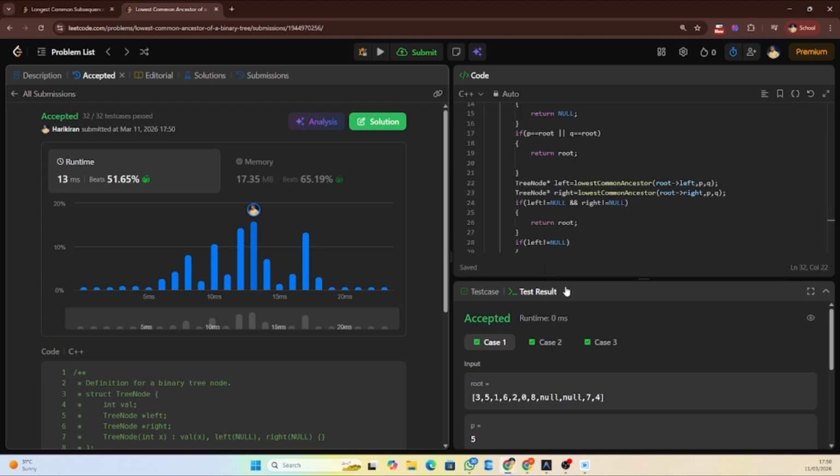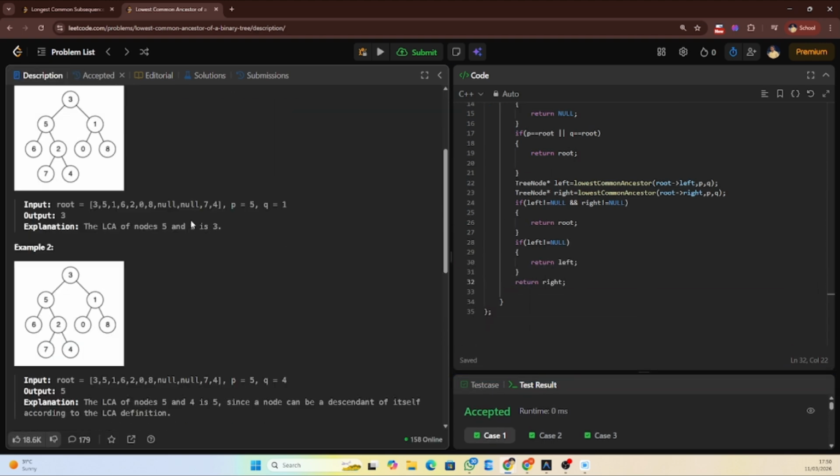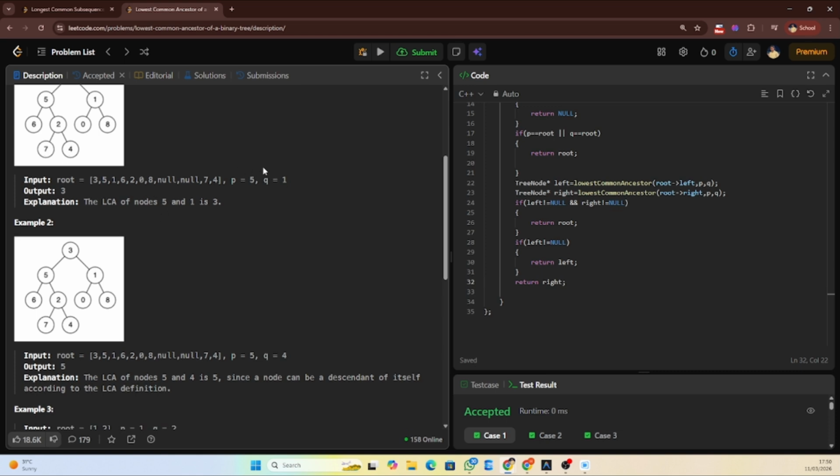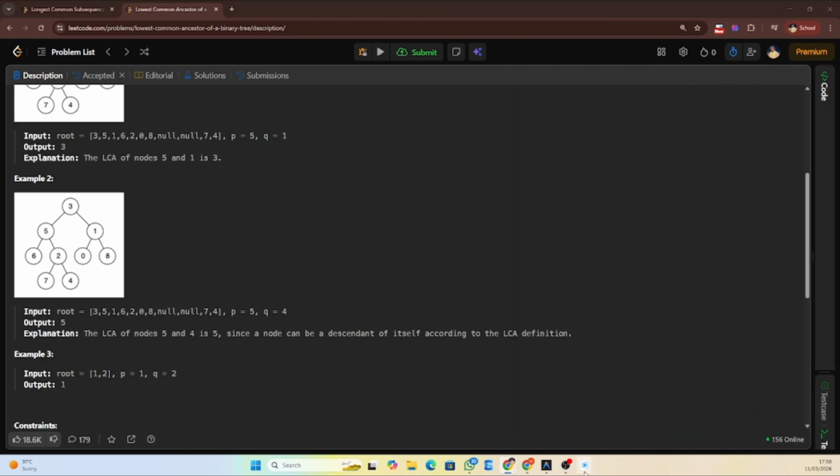Should I explain it again? What exactly are we doing? Let me explain with an example. Let me take this example. 5 and 1. No, it's the worst example I have seen. 5 and 4. This is a great example. Let me take this example and dry run the code.